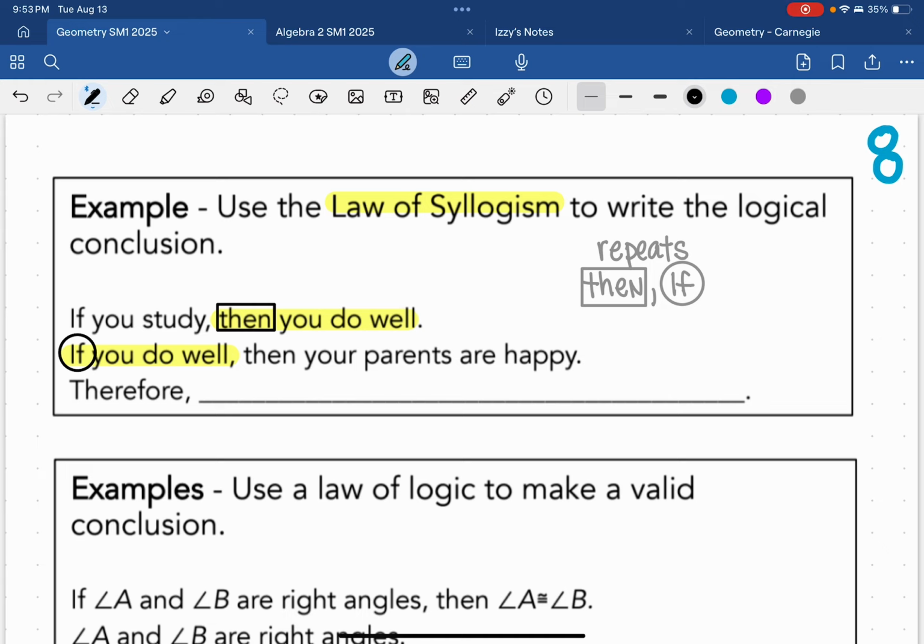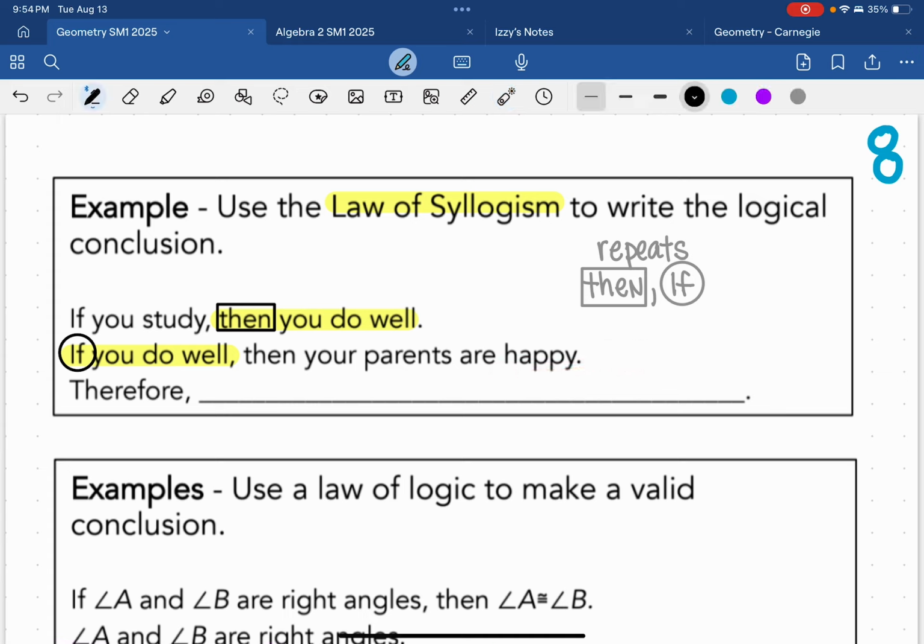Now what my answer is after the therefore are the two parts that I did not highlight. I start here at the beginning, so this is where I'm going to start. And then this part right here would be the end.